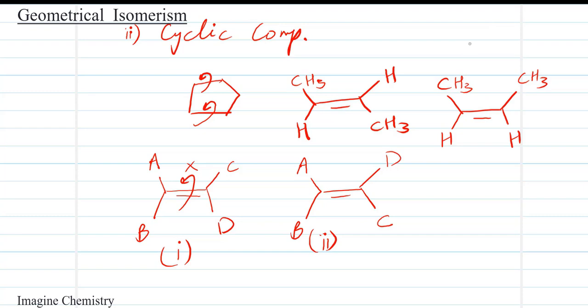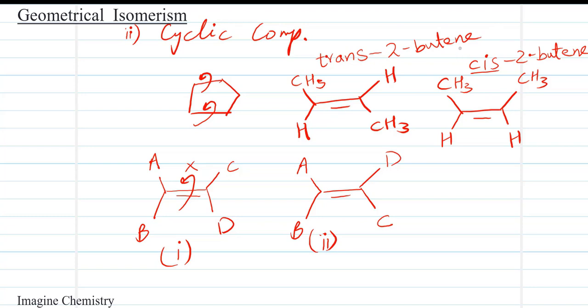Another name for geometrical isomerism is cis-trans isomerism. When the two groups of higher priority are on the same side, we write that this structure is cis-2-butene. Whereas in this case, the two methyl groups are on different sides, so we say it is trans-2-butene.